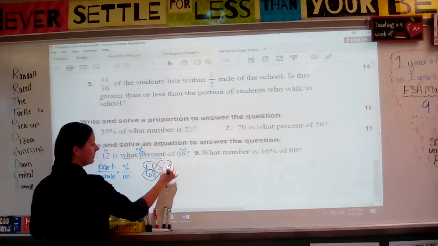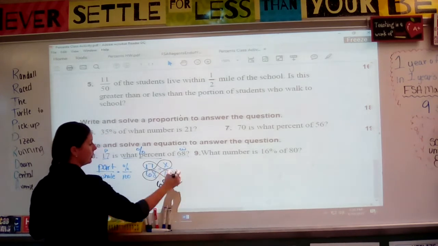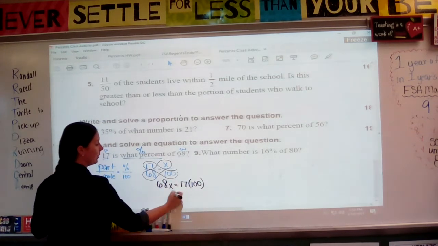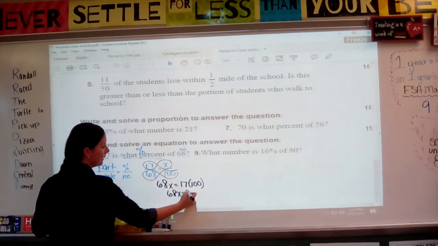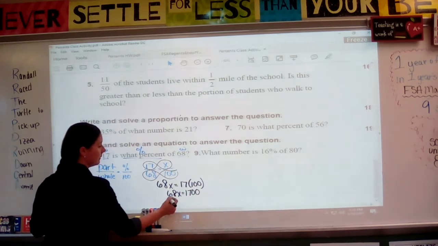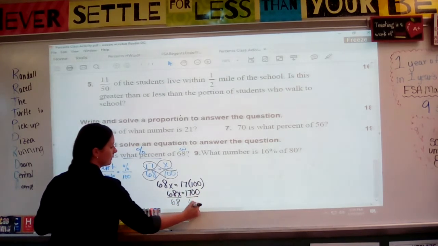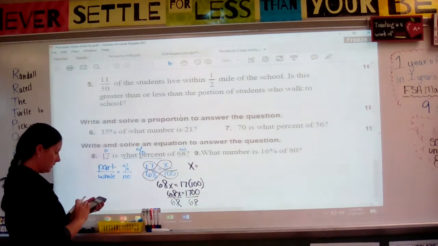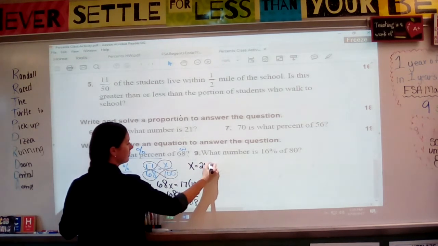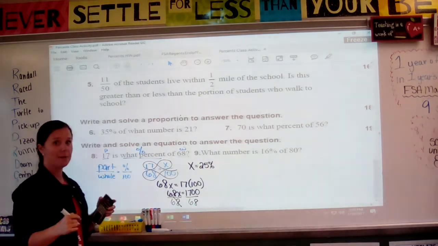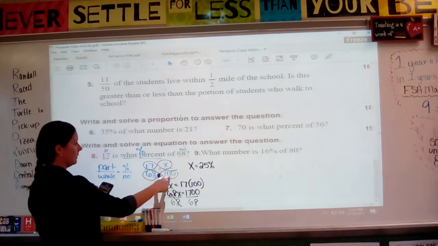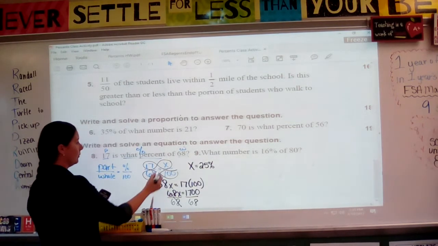So 68 times x is equal to 17 times 100. When I work this out, it's going to give me 68x is equal to 1700, divided by 68. X for the percent is equal to 25%. If you chose not to write it as an equation, the easiest way is 17 times 100 divided by 68, which would give you the 25%.